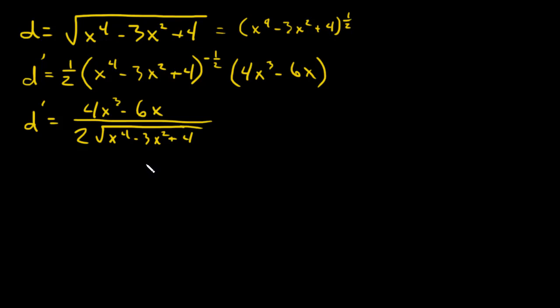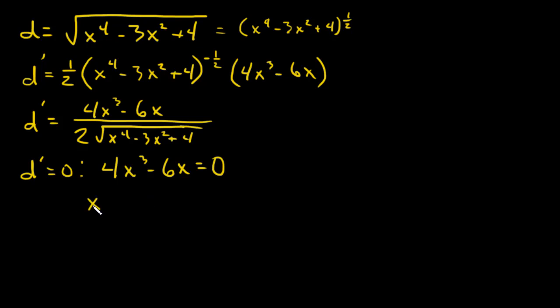Alrighty, so I can set this equal to 0 and solve, because d prime equals 0. Here we go, we got practice with this, right? That implies that just the top is equal to 0. 4x cubed minus 6x equals 0. Okay? I can factor out a 2, let's see, what do I want to factor out? I'm going to factor out an x.